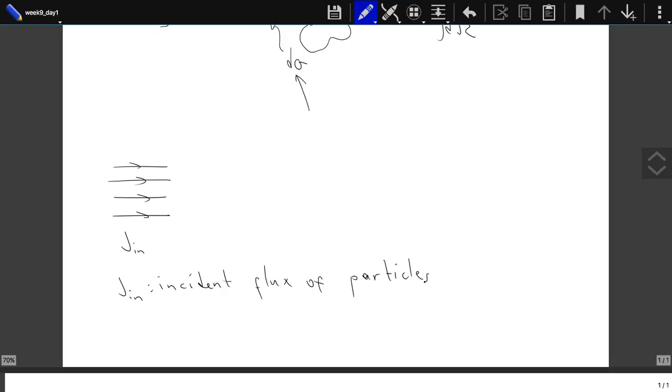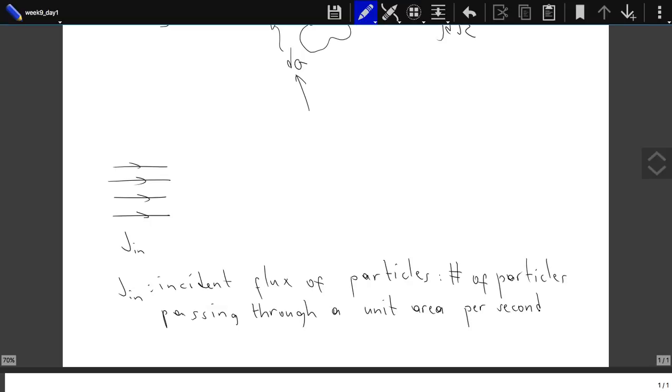That is basically the number of particles passing through a unit area per second. This is what we mean by the flux of particles.